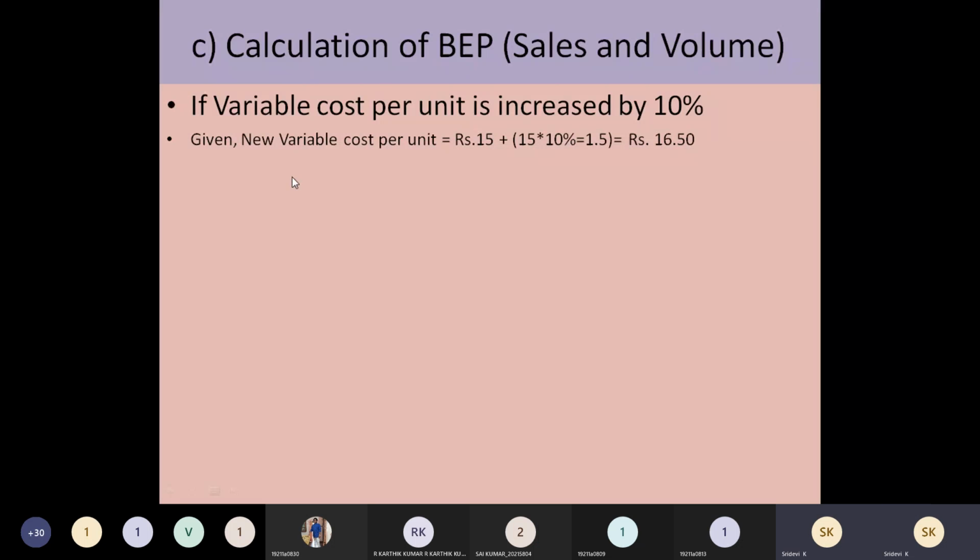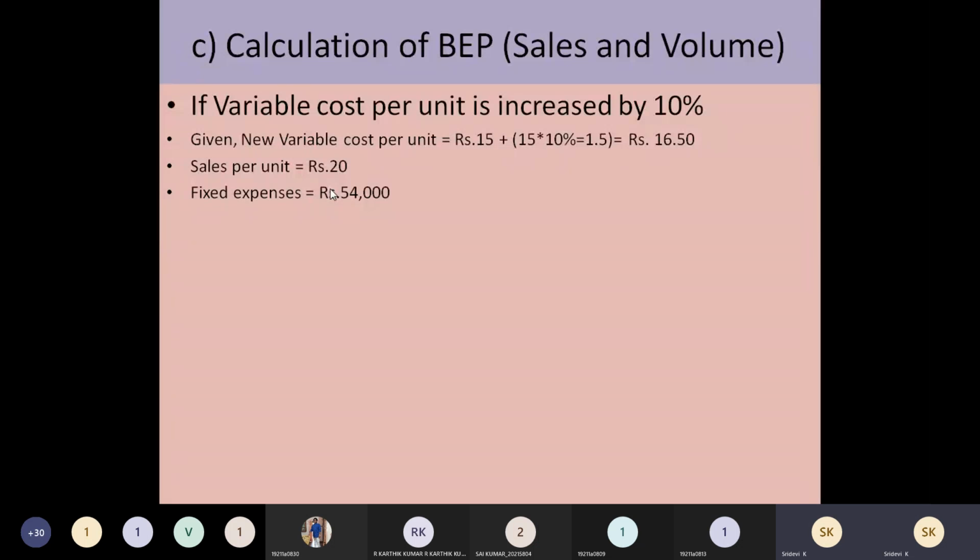And the selling price per unit that was given is 20 rupees. The same 20 rupees you have to take here. And coming to the fixed cost, what you are going to take here is 54,000, not the 50,000. That 50,000 is only to identify how the sales are changing, if fixed expenses are reduced to 50,000.